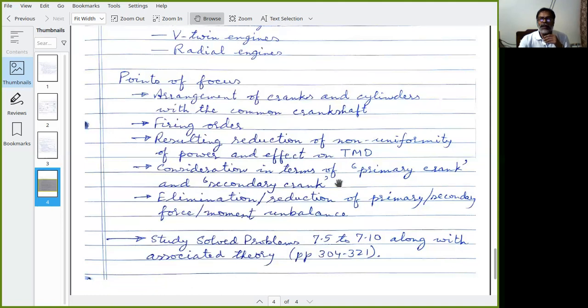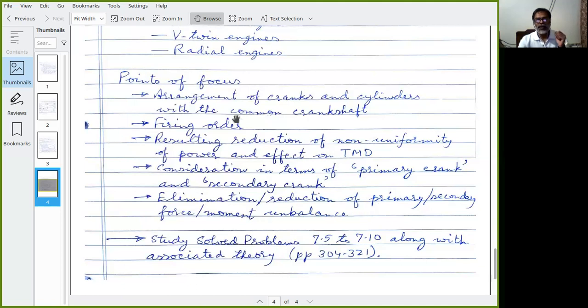With all these things in mind, we study the extent of elimination or reduction of primary and secondary forces and moments separately. Primary force, primary moment, secondary force, secondary moment. What happens to these quantities for the entire engine?